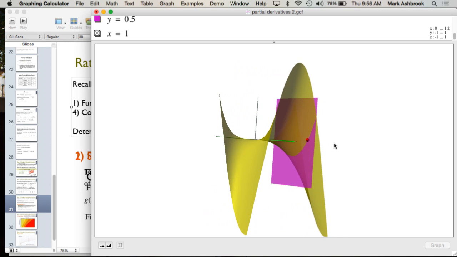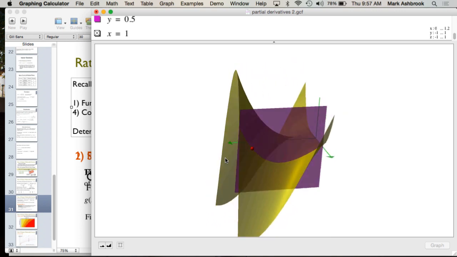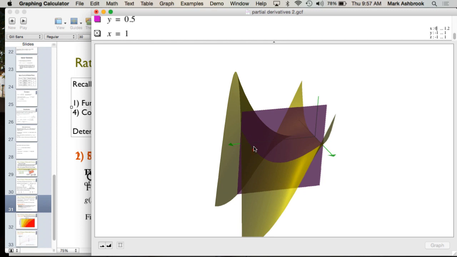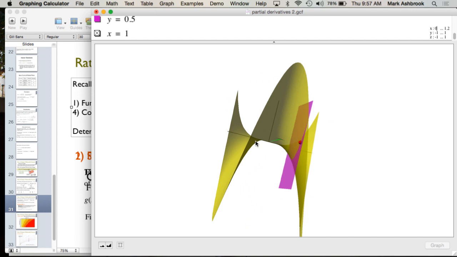So what can you say about the partial with respect to x? The partial derivative with respect to x, now that y is constant. X is coming out this way. What could you say about the partial with respect to x? So all you have to do now is look at this trace, right? You look at that trace for a constant y, and along that trace will show you what you would look at for the partial with respect to x.